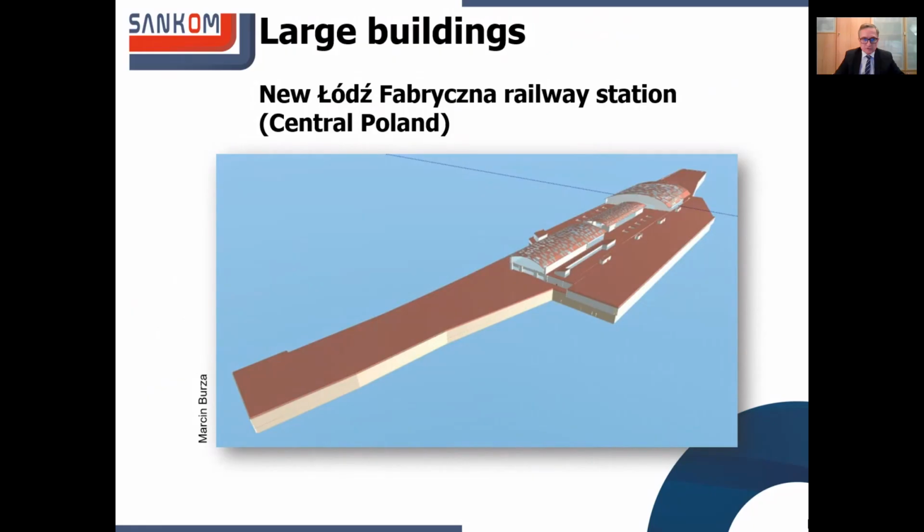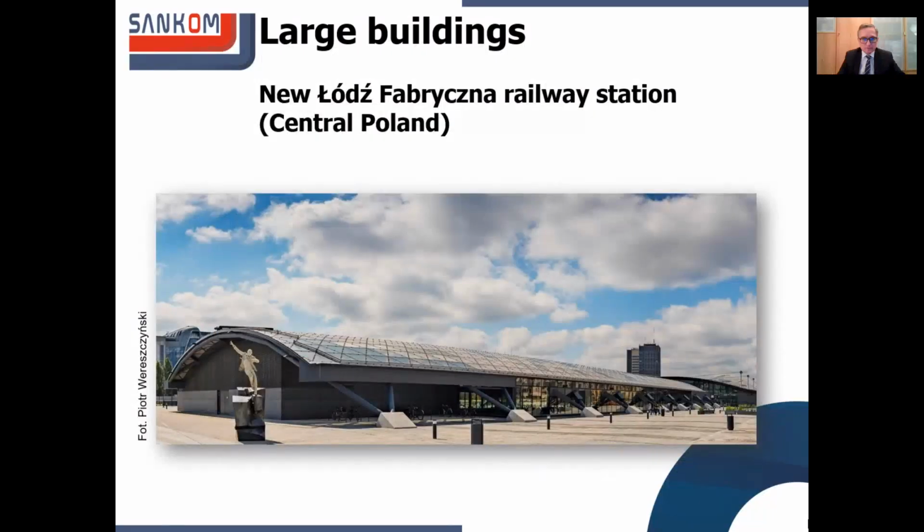And here are a few examples of the buildings, because we pay attention that the software works also efficiently with the big designs. So here you've got the very big underground railway station in central Poland, in Łódź.